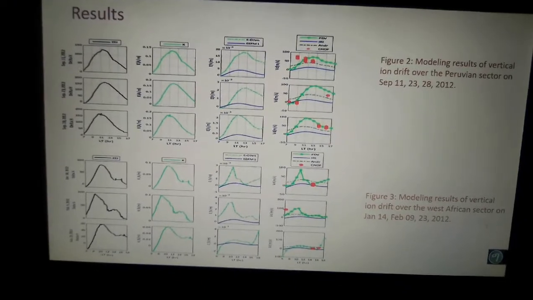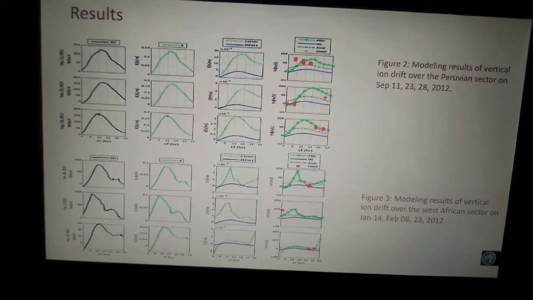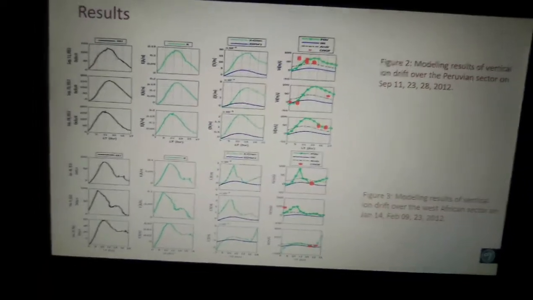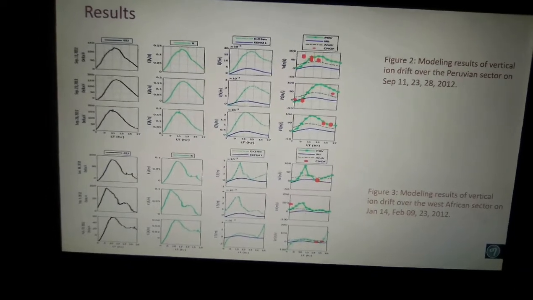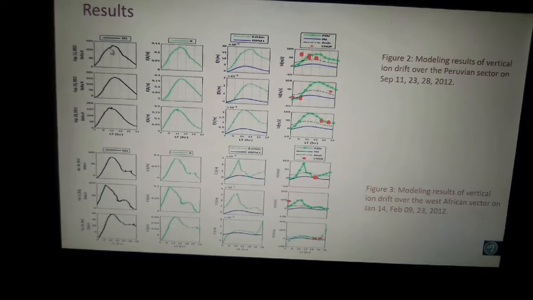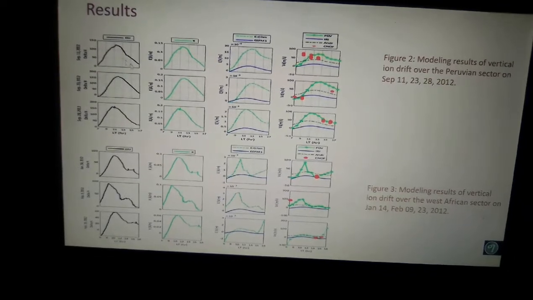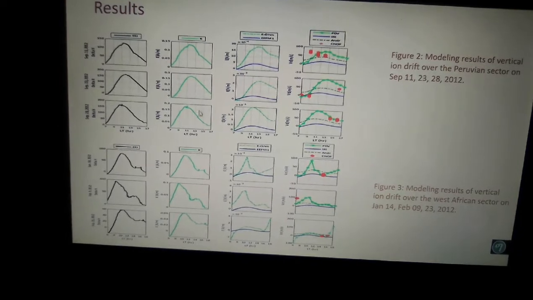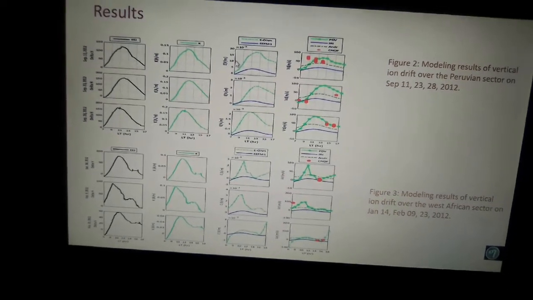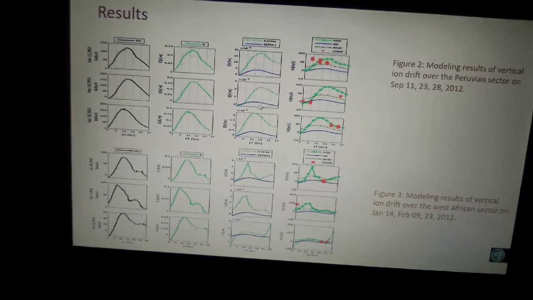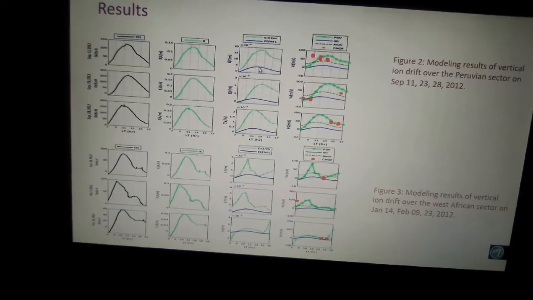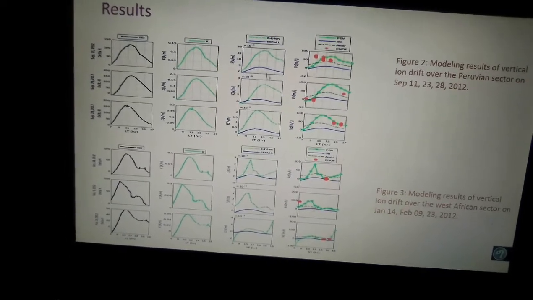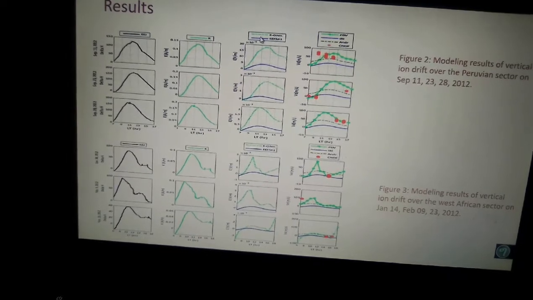These are results, a sample of results actually. The first column is the EEJ current density in nanotesla, and here is the sheet current density in ampere per meter, and this column is the electric field, where the blue one is the Fejer and Scherliess model, and the green one is our prediction from Ohm's law.